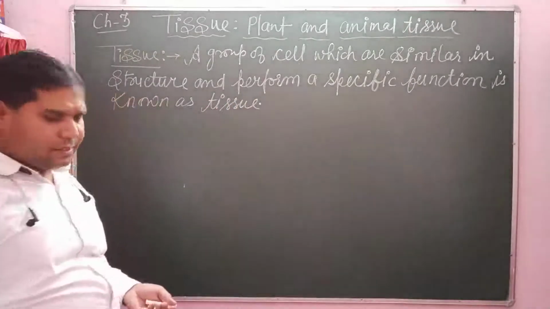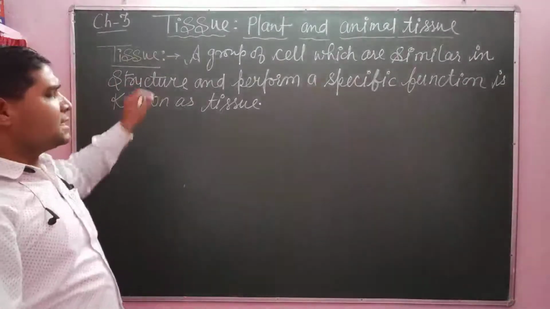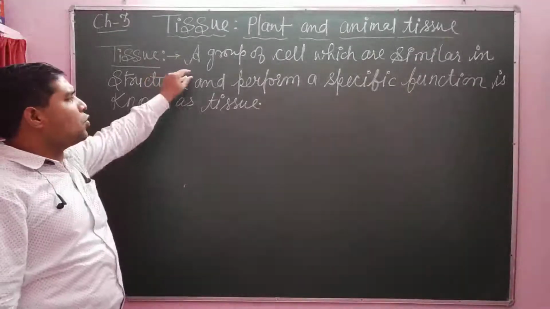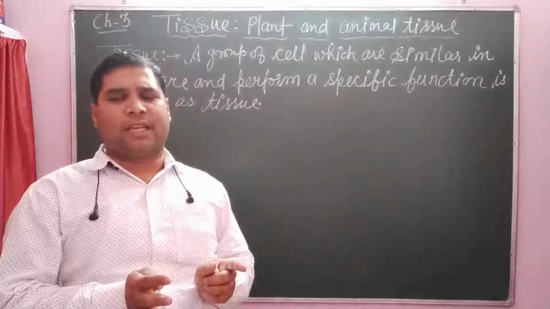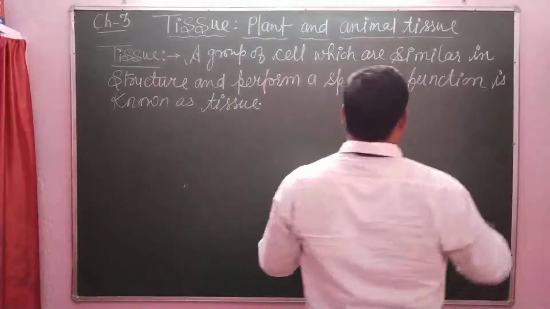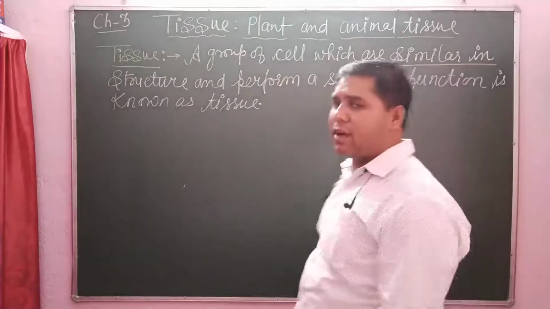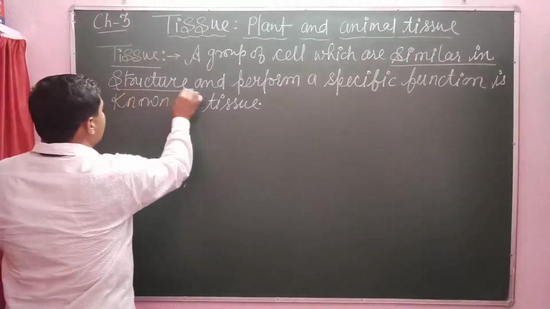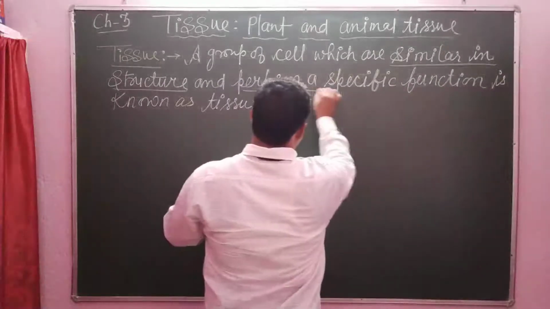So dear student, this is the definition of tissue. Let us understand about it. What do you mean by the tissue? A group of cells or a mass of cells which are similar in structure, means of the same shape and size, and perform a specific function.